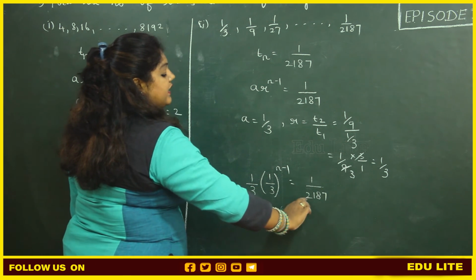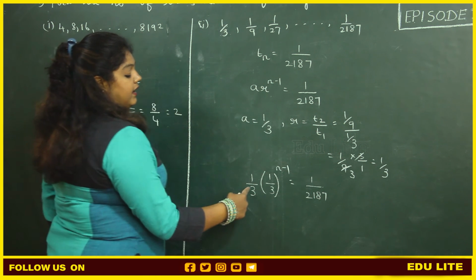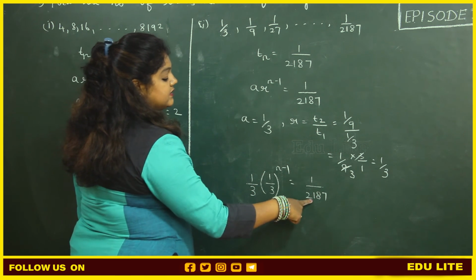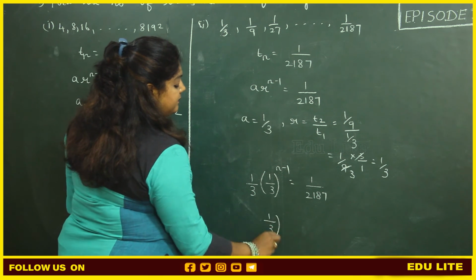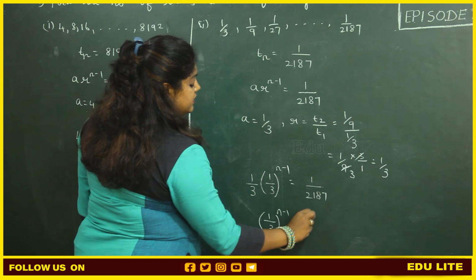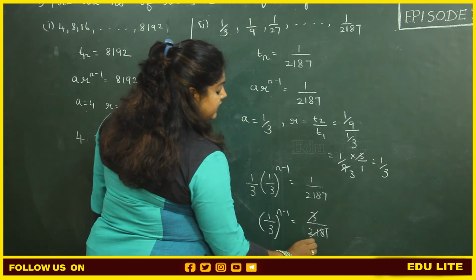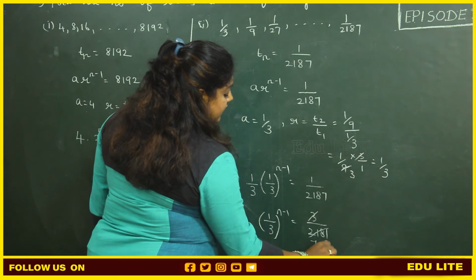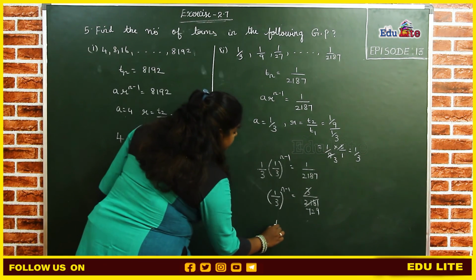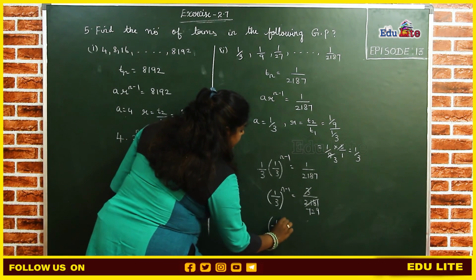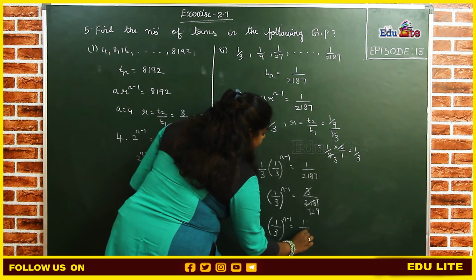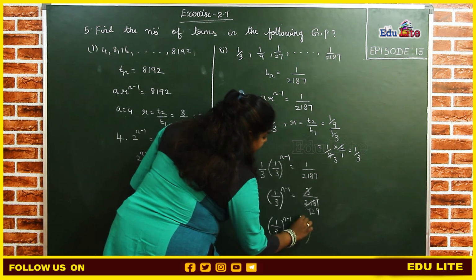This also we will write in powers of 3. I will take the 1 by 3 to the other side, it will become 1 by 3 power n minus 1, which is equal to 3 by 2187. If we divide, we will get 1 by 729. This 1 by 729 can be written as 1 by 3 whole power 6.